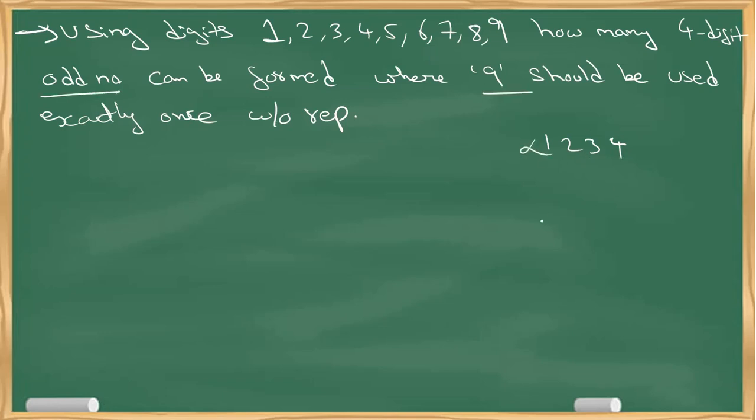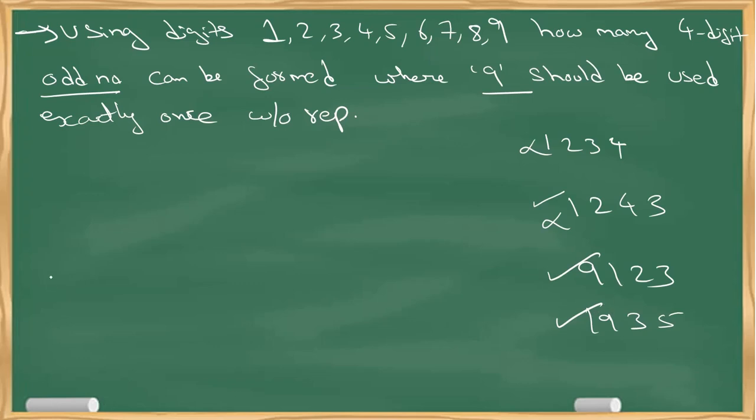So this doesn't satisfy my condition. So 1, 2, 4, 3. It is an odd number, but 9 is not used here. So 9, 1, 2, 3. Yes, this satisfies my condition. 1, 9, 3, 5. This also satisfies. So 9 is there in one of the positions and it is also an odd number. So using this you have to do.